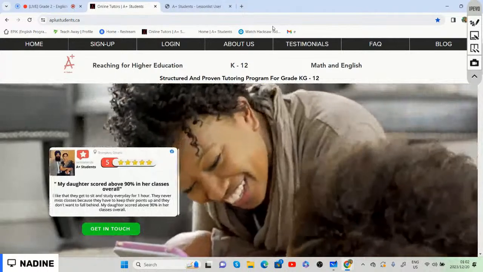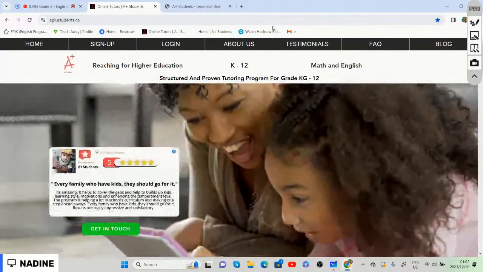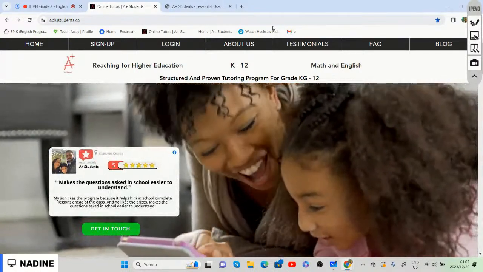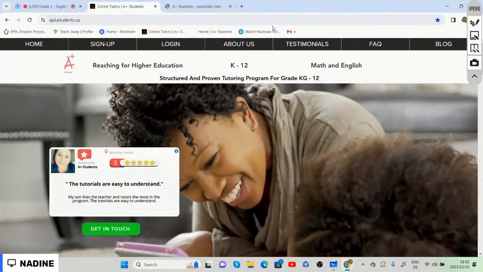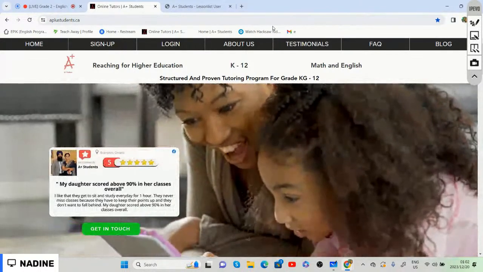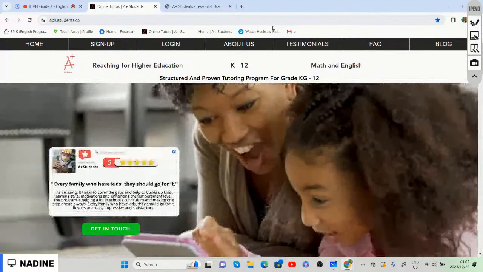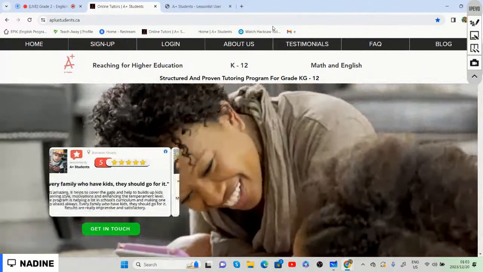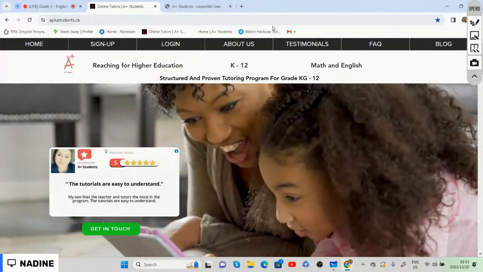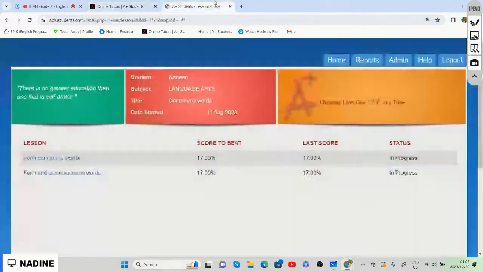Then we're going to select the subject of language arts, grade 2, and scroll down until we get to the chapter of compound words.